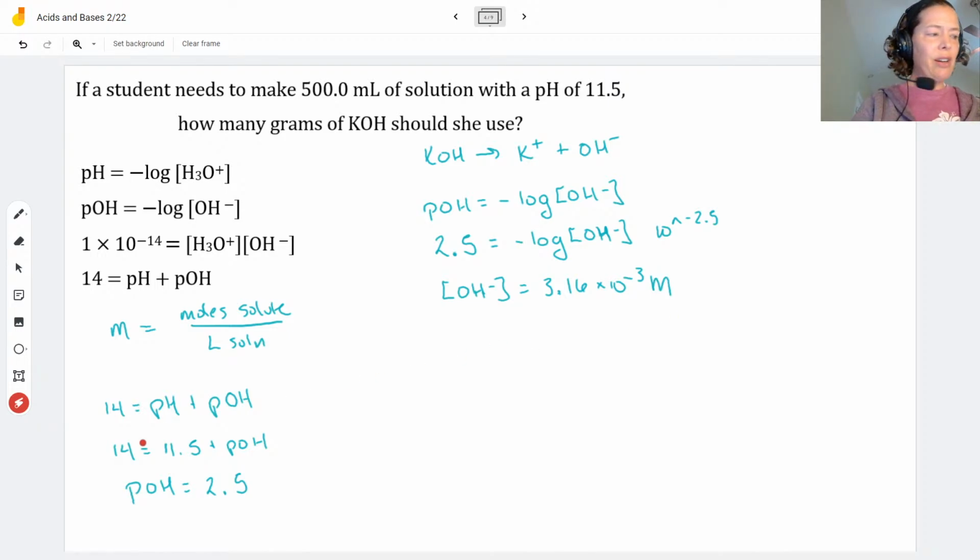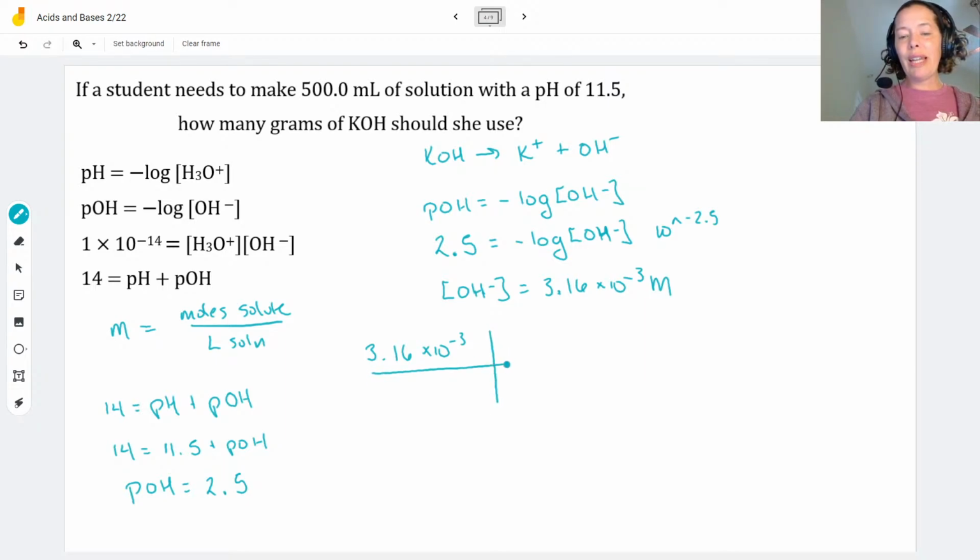Okay, so we've got our concentration. Let's go ahead and get our concentration in. So now I've got a little bit of a longer calculation. Just because in the last one I used the formula, I'm going to show you how you can also use concentration as a conversion factor, as part of a dimensional analysis problem.